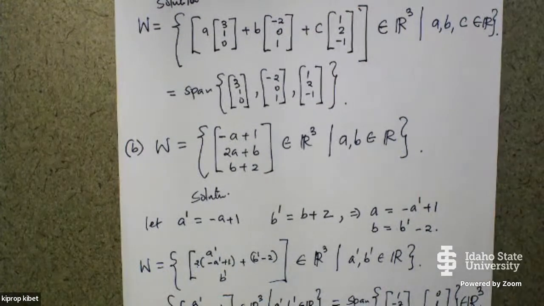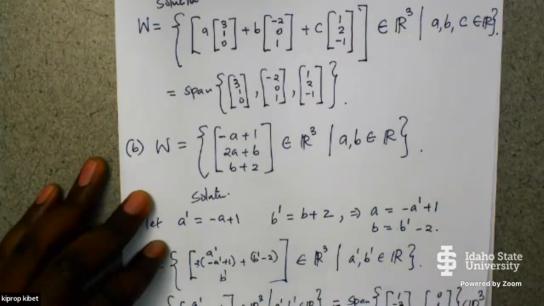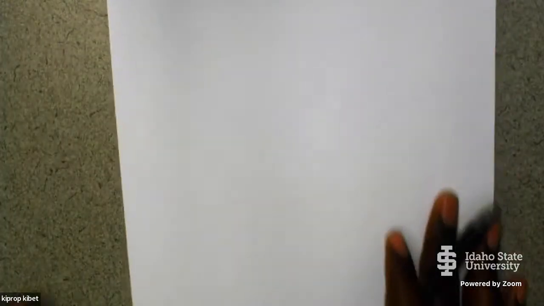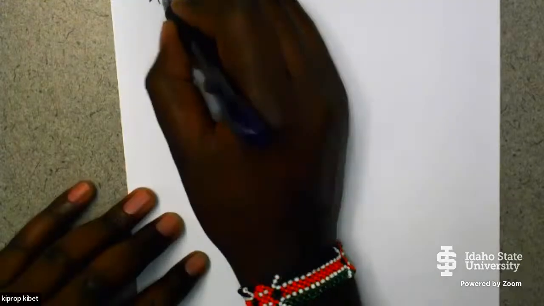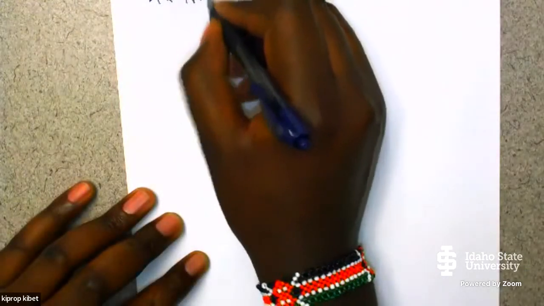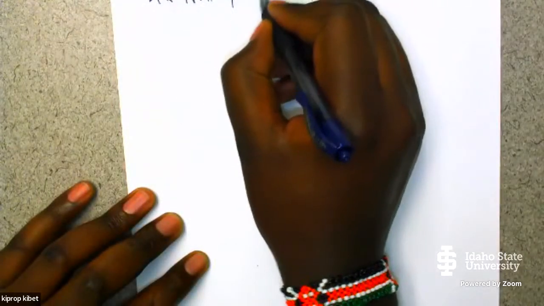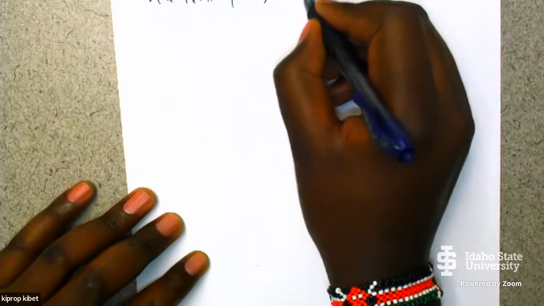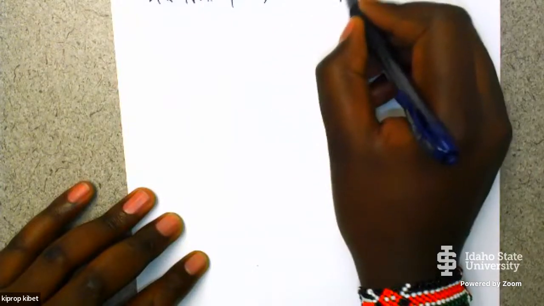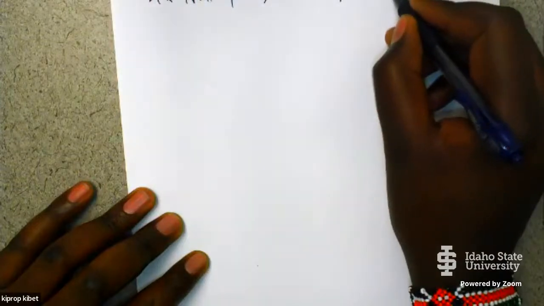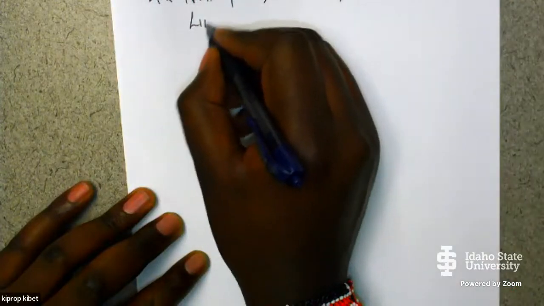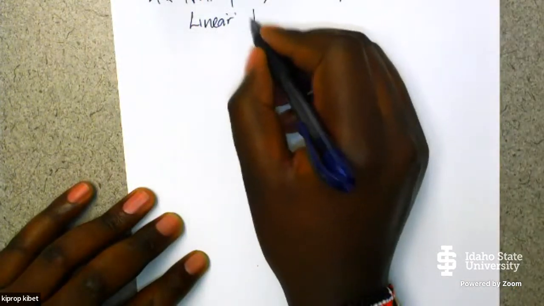Okay, if you don't have any question, then let's go to the next section, which is section 4.2, the null space, the column spaces and linear transformations.